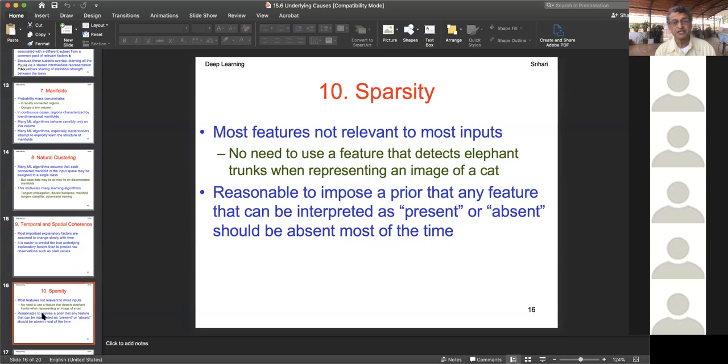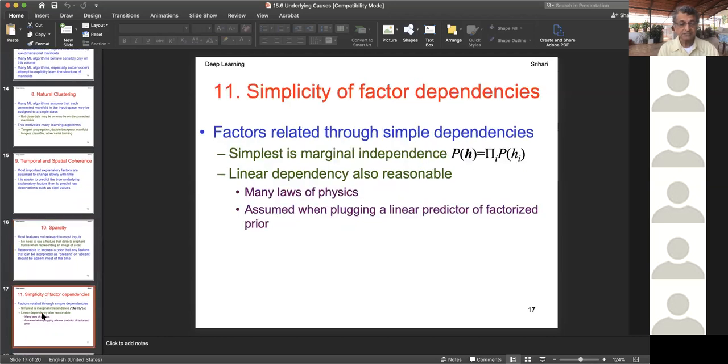And the features you detect for an elephant will not be relevant to cats. So it is reasonable to impose a prior that any feature that can be interpreted as present or absent should be absent most of the time. So the features are not present over all of them, which means it's kind of useless. It's absent most of the time, but specifically for this class, it is present.